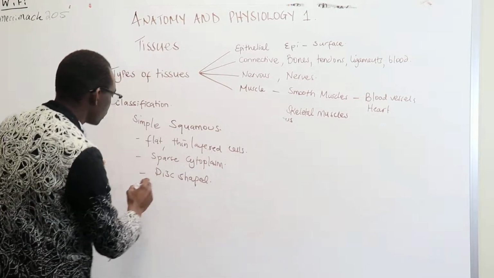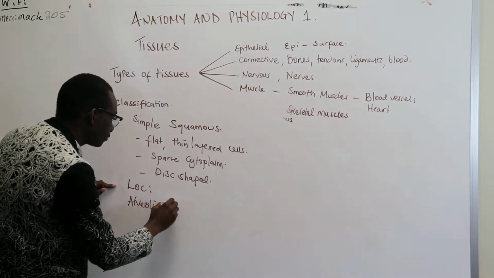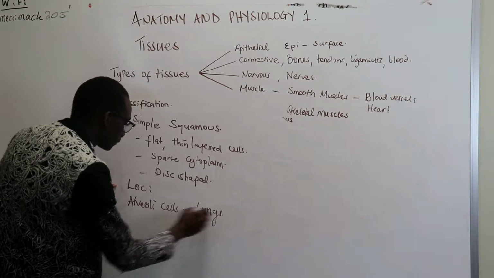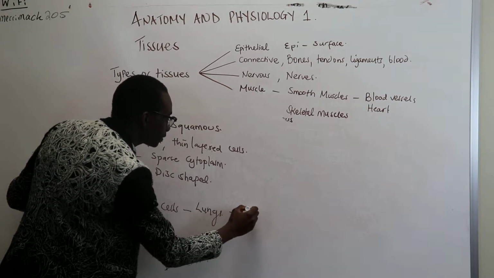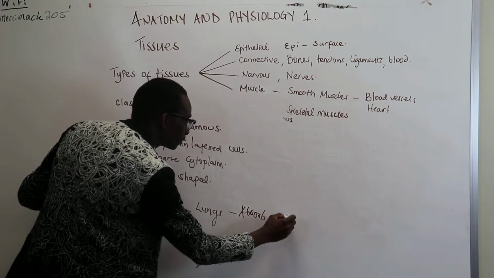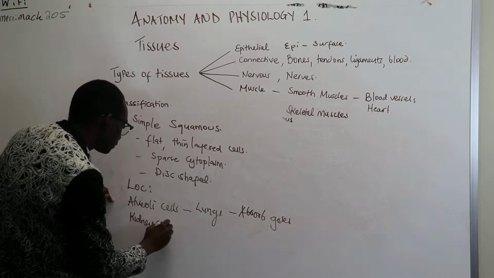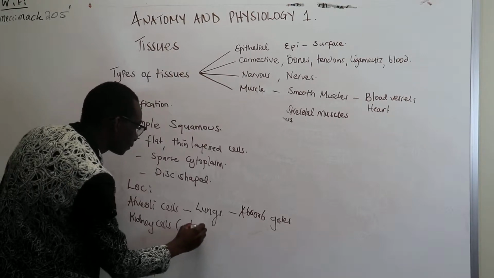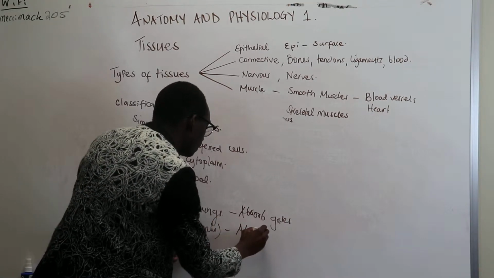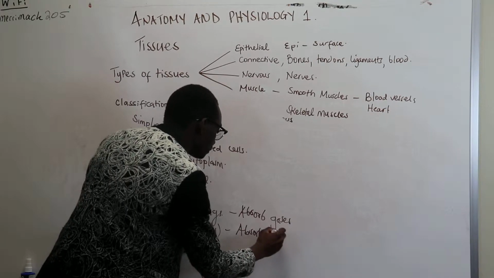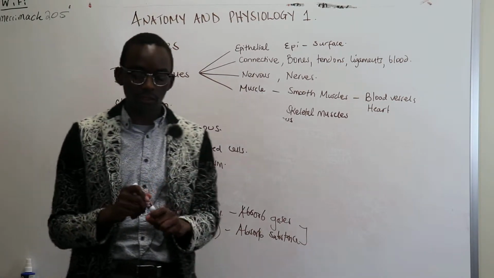Let us look at the cells' locations. We see these cells in the alveoli in the lungs, where they absorb gases, and we also have kidney cells in the glomerulus that help in absorption of substances. Both of these absorb substances through the process of diffusion.